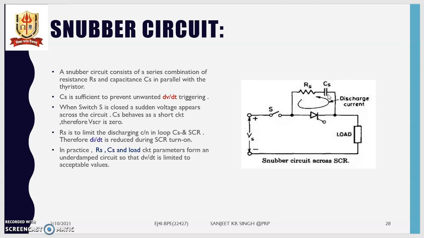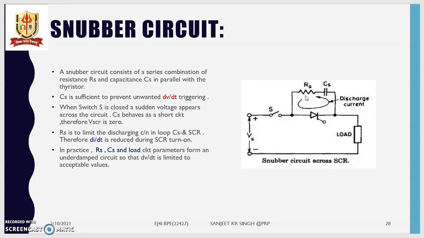The CS is sufficient to prevent the unwanted dV by dt, that is rate of rise of voltage triggering of the SCR. When the switch is closed, a sudden voltage appears across the SCR, and the capacitor CS behaves as a short circuit, and due to that the voltage across the SCR will be 0.